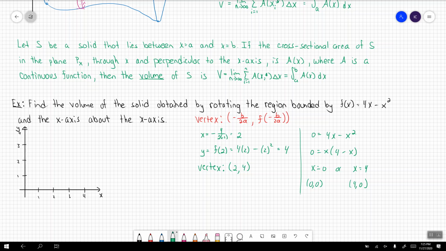There we go. So my function here, again, we're at 2. I'm up all the way up at 4, 0, 0, and then 4, 0, like this. So here's my parabola.